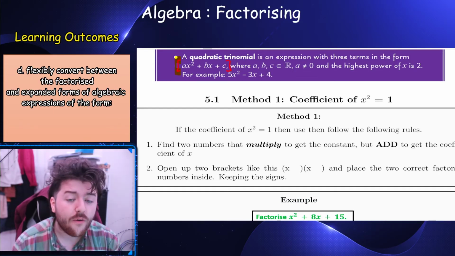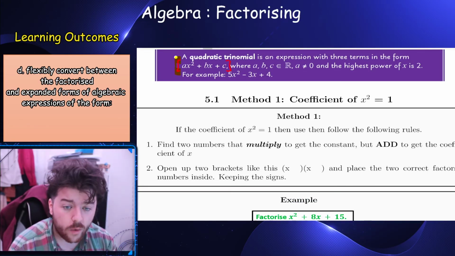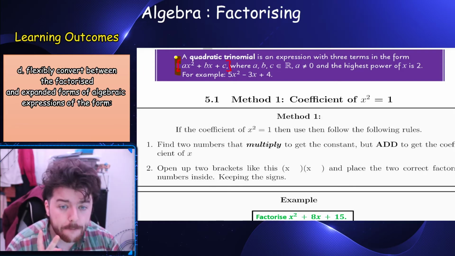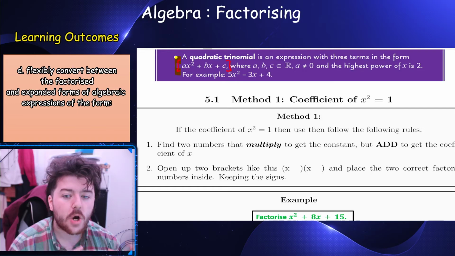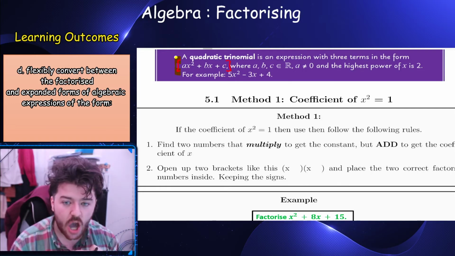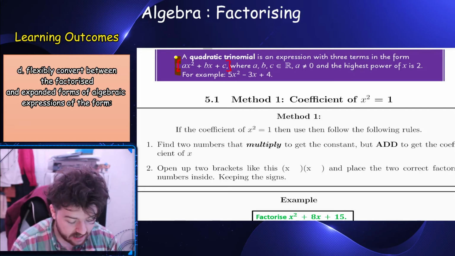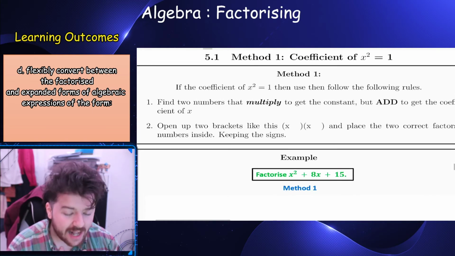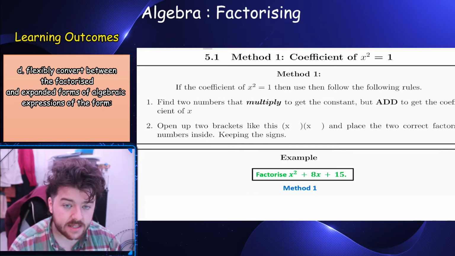So if the coefficient of my x squared is 1, we use this method. We find two numbers that multiply to get the constant, but add to get the coefficient of x. Then we open up two brackets like this, x bracket x. Then we place the two correct factors inside, keeping the signs.